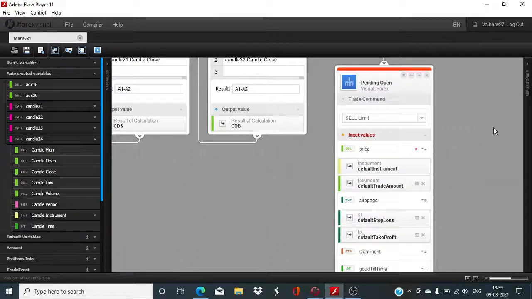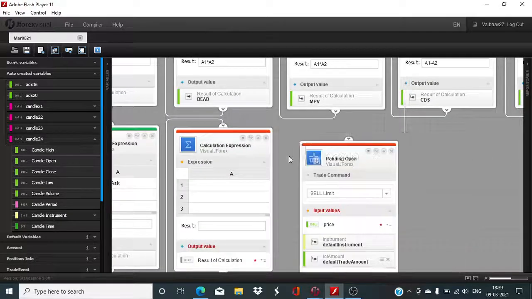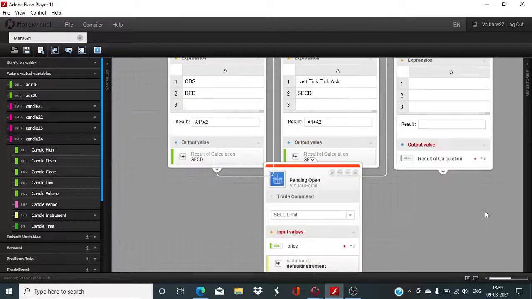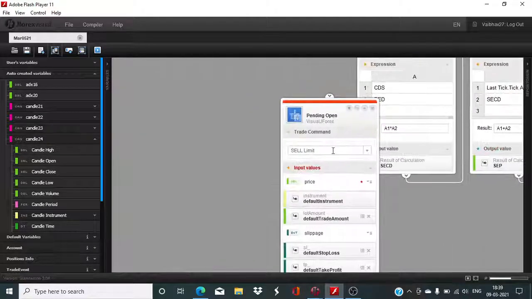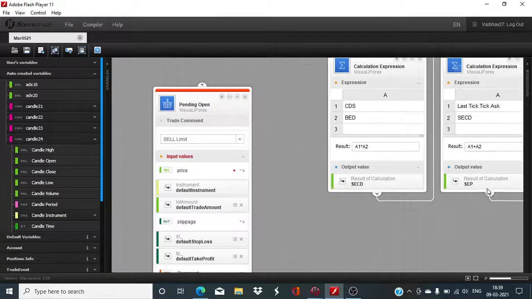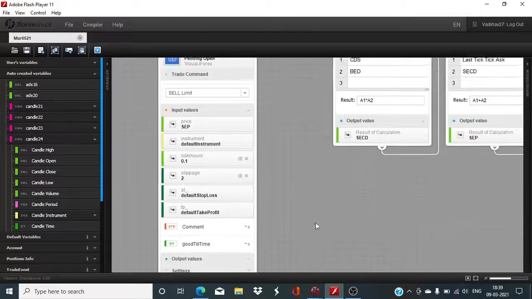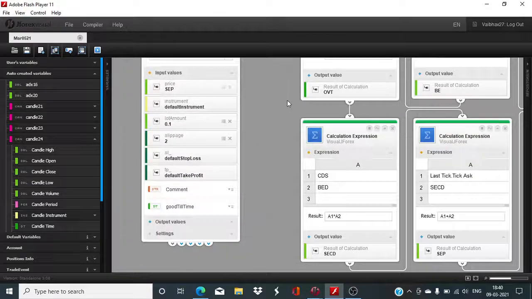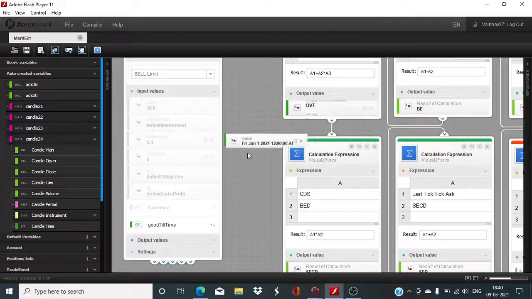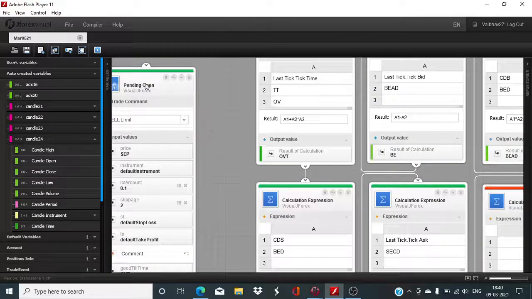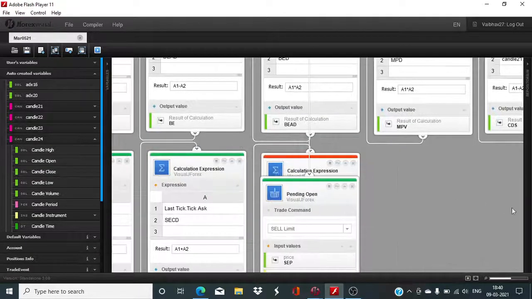And the input price is going to be what we have calculated just 2 minutes back, which is SEP. Trade amount is going to be 0.1 million, slippage 2 pips. Stop loss and take profit we will define shortly, and the order validity is going to be 2 hours, which we had calculated in the prior session. So far so good.